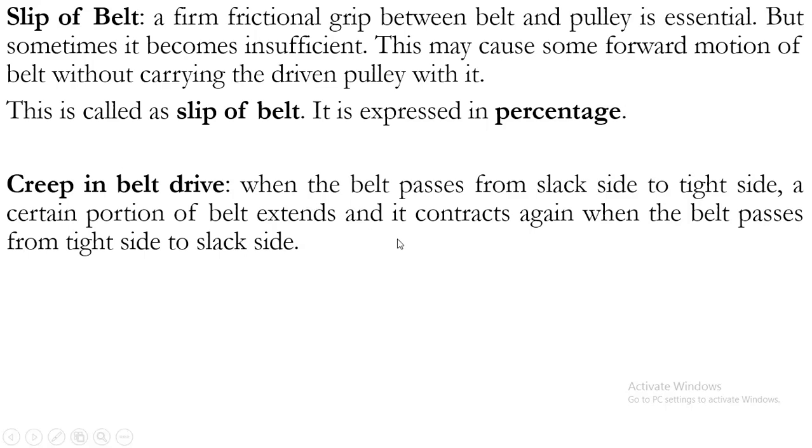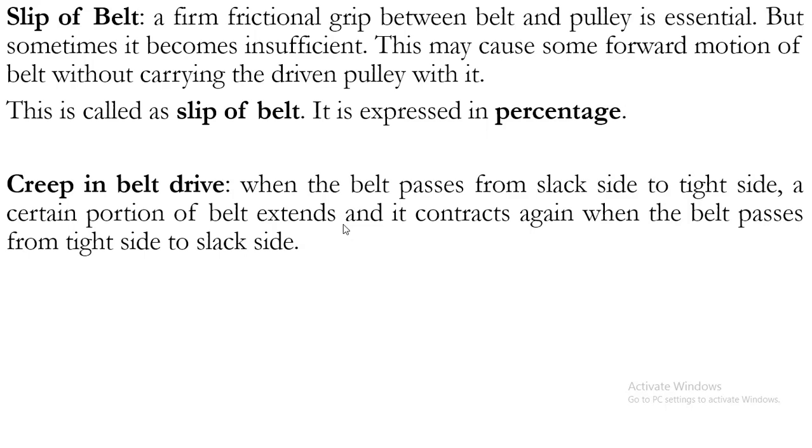When the belt passes from the slack side to the tight side, a certain portion of the belt extends. In the slack side there is less tension, and when the belt moves from the slack side to the tight side, that portion of the belt will definitely get extended because of the high tension there.